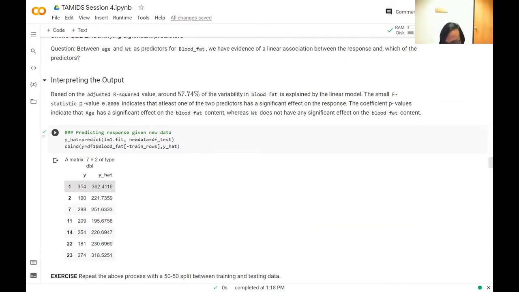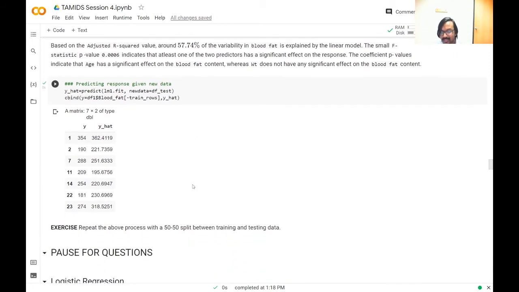So 354 is the actual value of the response, whereas 362.41 is the predicted value. So the error we made is 354 minus 362.4119 to get the residual. So I can take the residual, square it for each observation, and then add them up. And then the residual sum of squares is a good notion of how well the model performed.